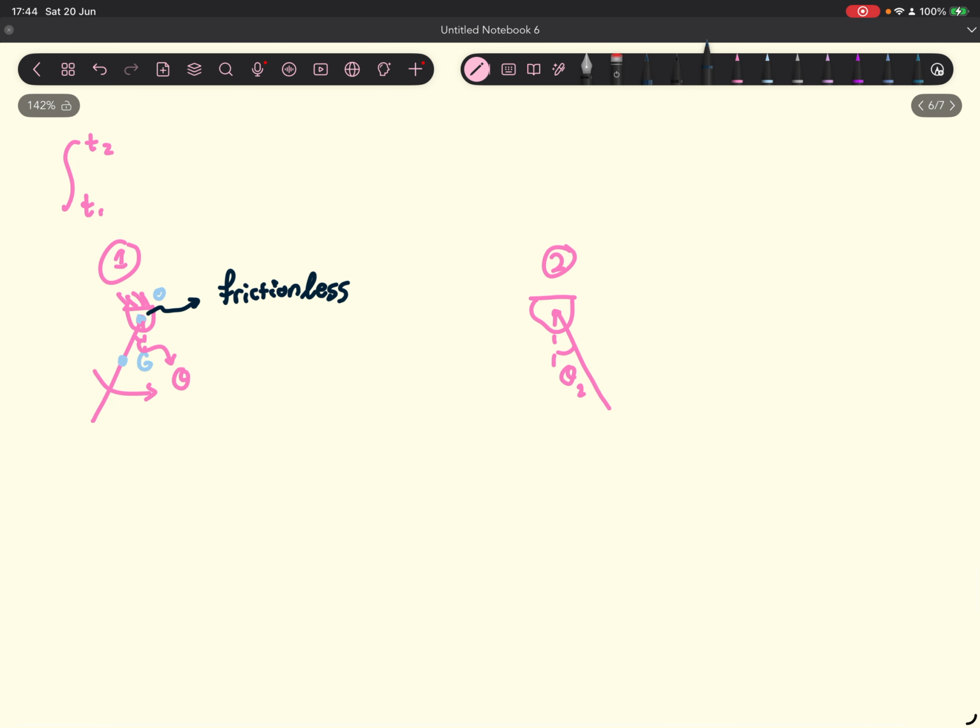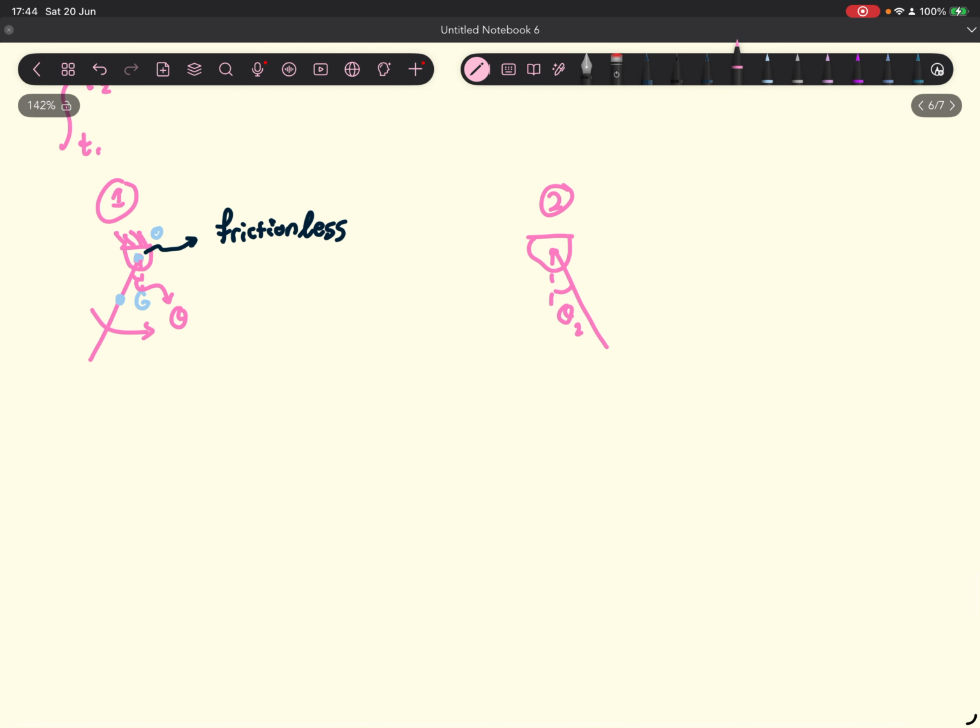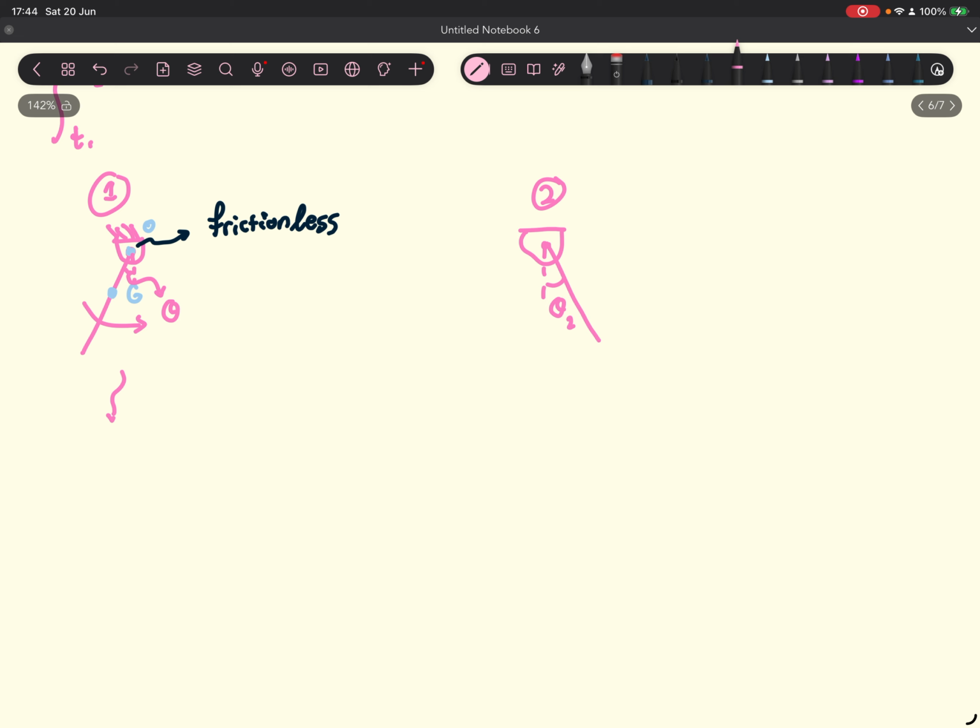So in this example, if you were to draw the free body diagram for this thing, you have a force going up, a force going there, and you have mg. Because you have all of these forces, you can't say that linear momentum is conserved. So you wouldn't be able to use linear momentum to solve the problem.